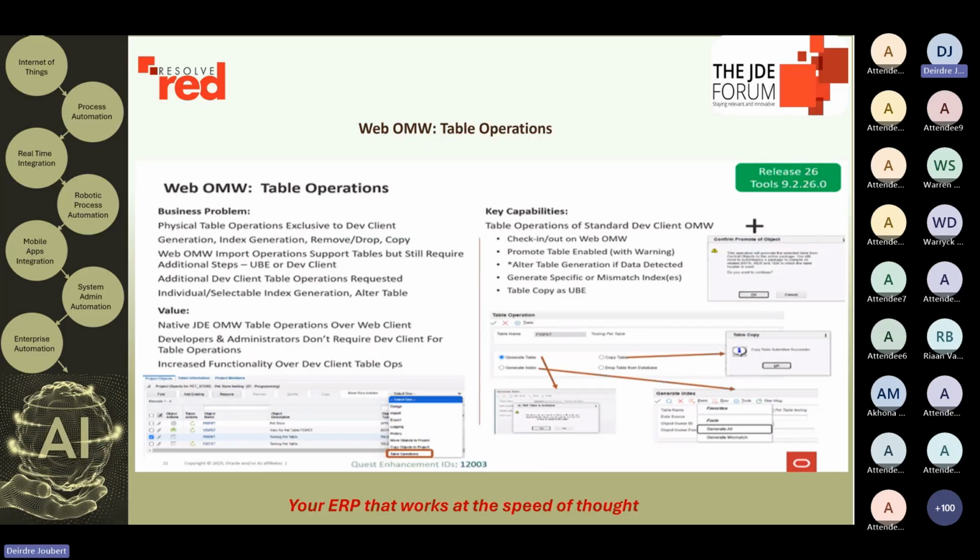Again, this reduces the dependence on the development client, which further speeds up the turnaround time for development activities, as all can be done directly on the web, enabling a more agile development framework. This feature supports continuous integration, enhances development pipelines, and reduces downtime for table alterations.